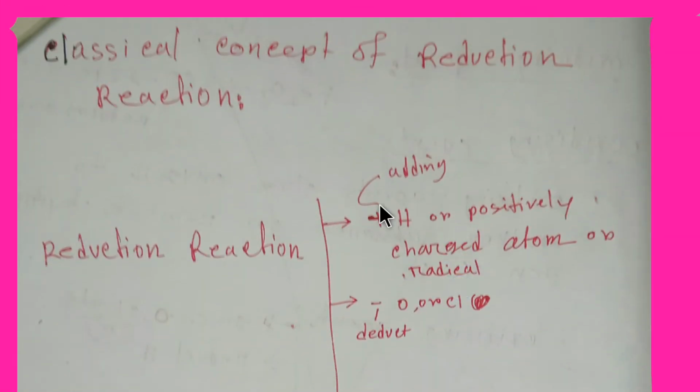Well, now I would like to discuss the classical concept of reduction reaction, right? So what is a reduction reaction? A reduction reaction is a special type of reaction in which we'll see the addition of hydrogen, right? Or we'll see the addition of a positively charged atom or radical, right?